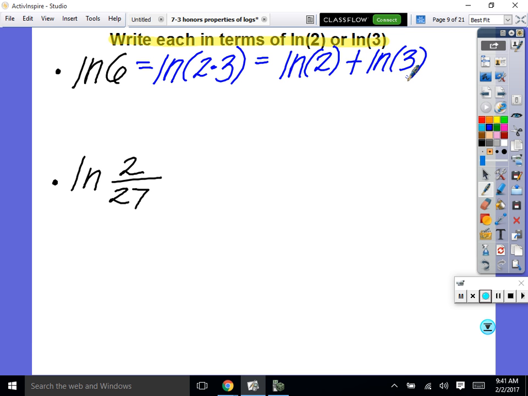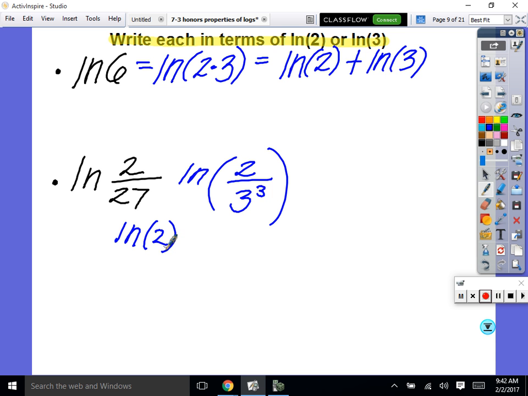So looking at this one, ln of 2 divided by 27, the instructions are write each in terms of ln of 2 or ln of 3. So how can we rewrite this? ln of 2 divided by, very good, 27 is 3 to the third power, okay? Now let's split it apart. So we have ln of 2. When you divide, then you subtract. So minus ln of 3 to the third power, right?